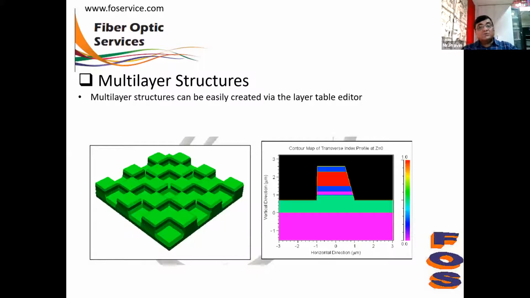RSoft CAD allows you to design multi-layer structures. Either you can design the multi-layer structure by individually putting different layers together one by one, or you can use what is called the multi-layer editor, and using the layer table editor, you can define the different layers in the multi-layer structure.